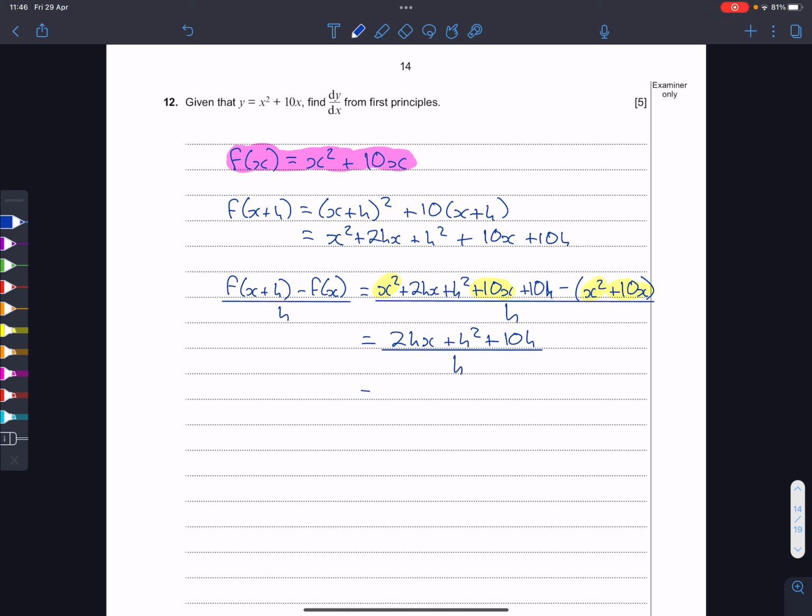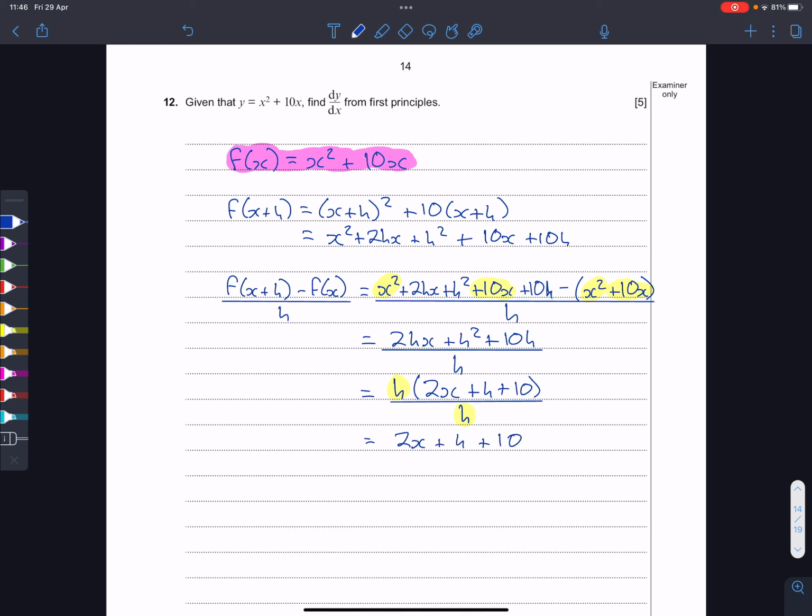Now the top line we can take h out as a factor because it's in every term. So h times (2x plus h plus 10), and I'm going to divide that by h. And what we have again is something that can cancel, because we're multiplying by h and dividing by h, so they will cancel out, which leads us to 2x plus h plus 10.